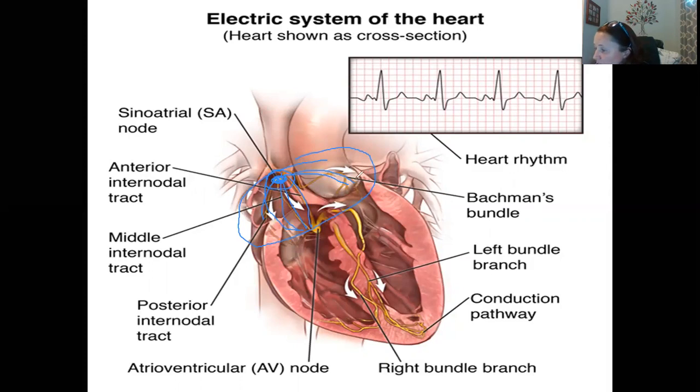Over here, we've got a little thing called Bachmann's bundle, which collects and disperses electricity, because this SA node is at the top of the right atrium. Bachmann's bundle is at the top of the left atrium. So this SA node is going to shoot down all over the right atrium and then send across to Bachmann's bundle, which is going to spread it around in the left atrium.